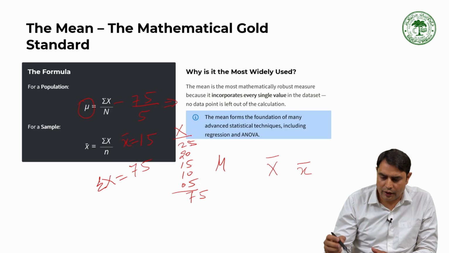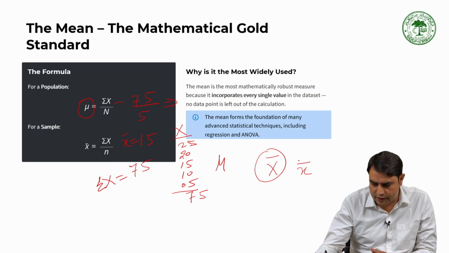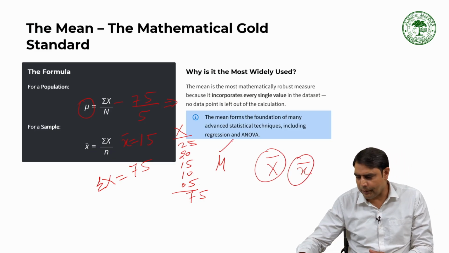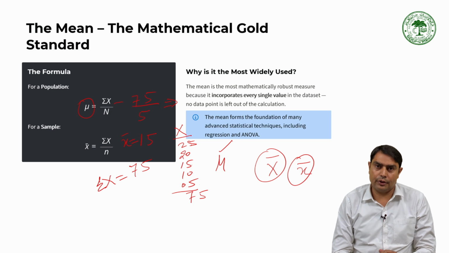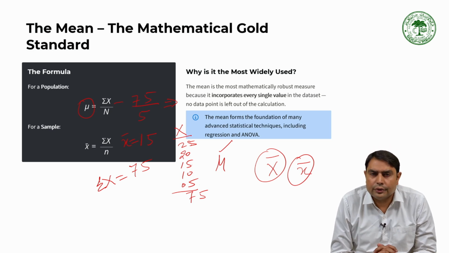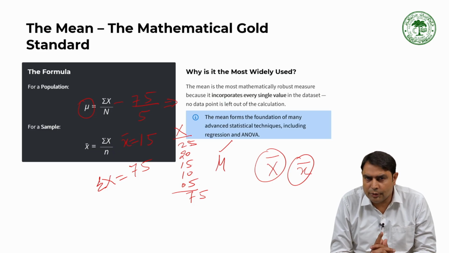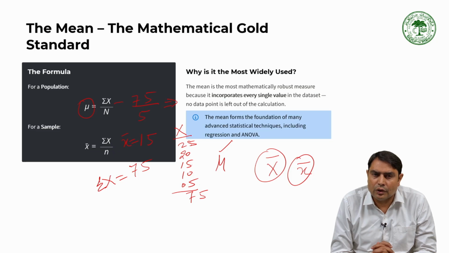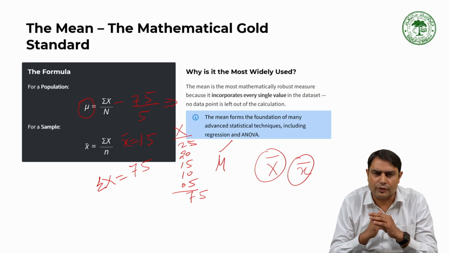And whether we represent the mean as x bar or mu again depends on whether it is a sample mean or a population mean. So, the formula is simple in idea: summation x by n, add all observations and divide by the total number of observations.